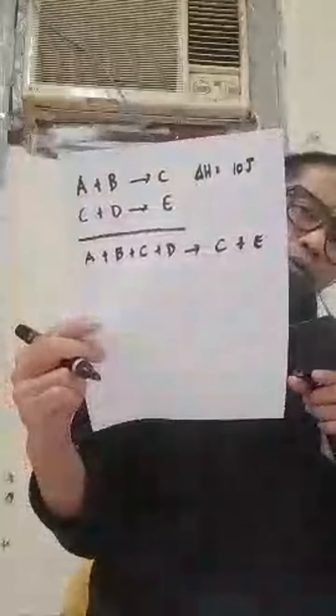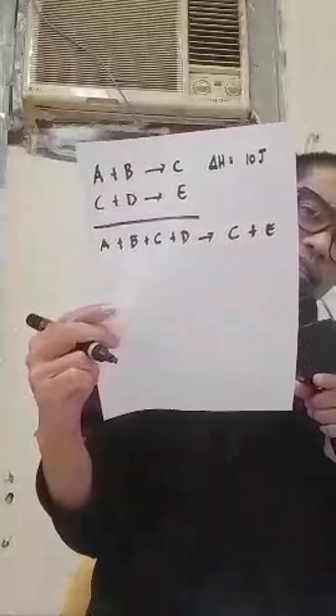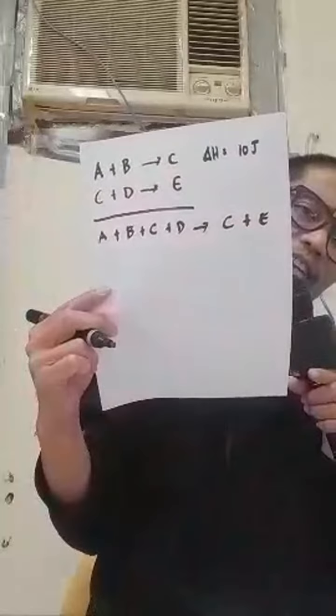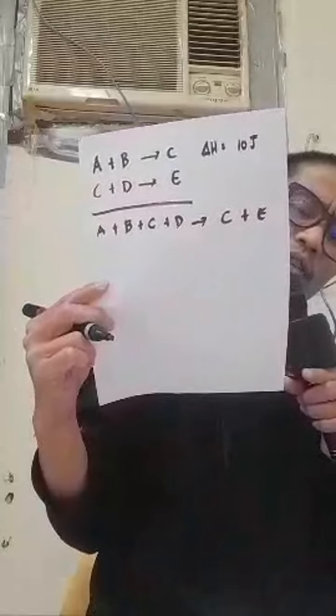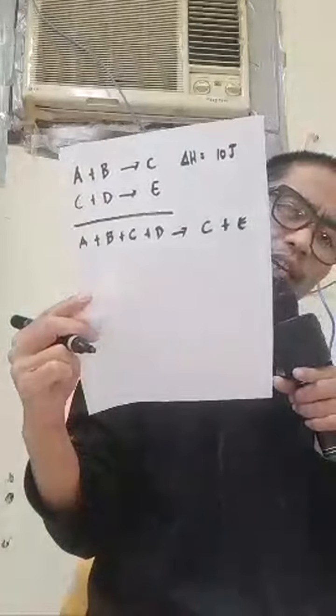So you will add all the reactants first from the first reaction step and second reaction step, and then add also after that the products. You need to identify what will be cancelled throughout the reaction steps.